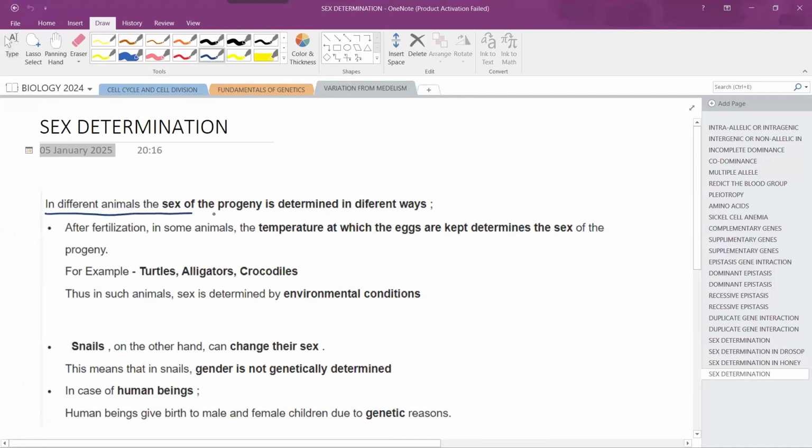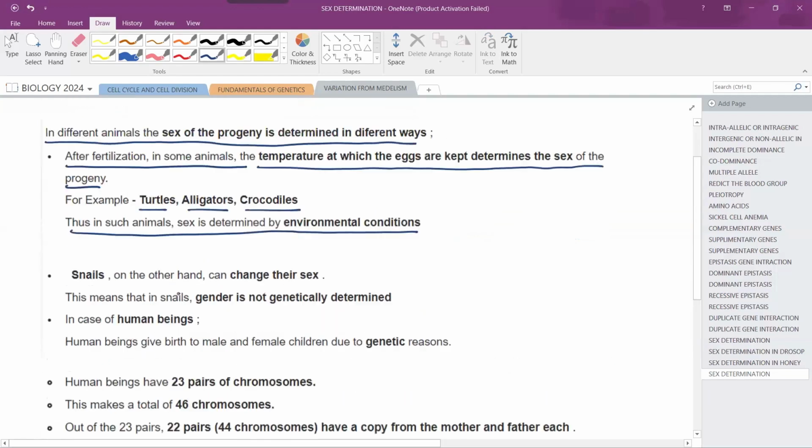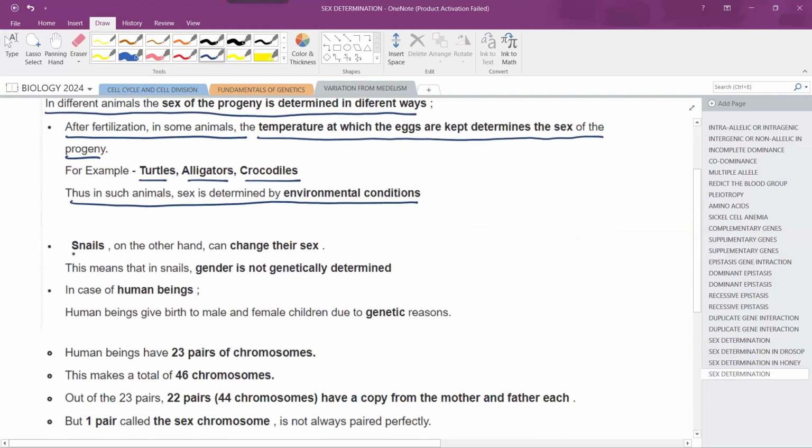In different animals, the sex of the progeny is determined in different ways. After fertilization, in some animals the temperature at which eggs are kept determines the sex of the progeny. For example, turtles, alligators, crocodiles. Thus, in such cases, sex is determined by the environmental condition. Understood? Again, snails, on the other hand, can change their sex.